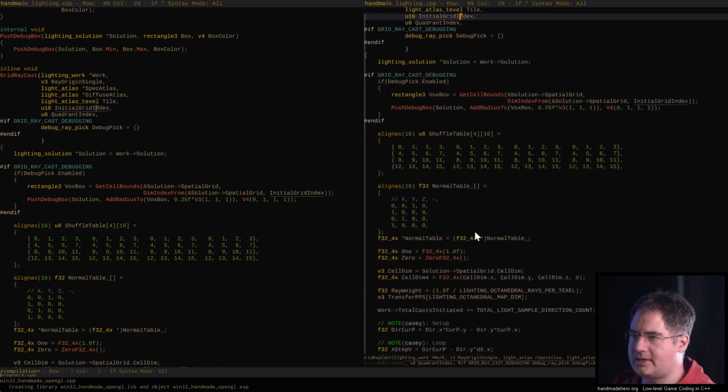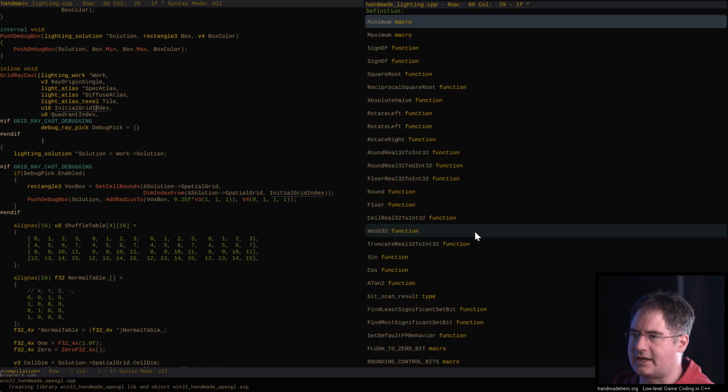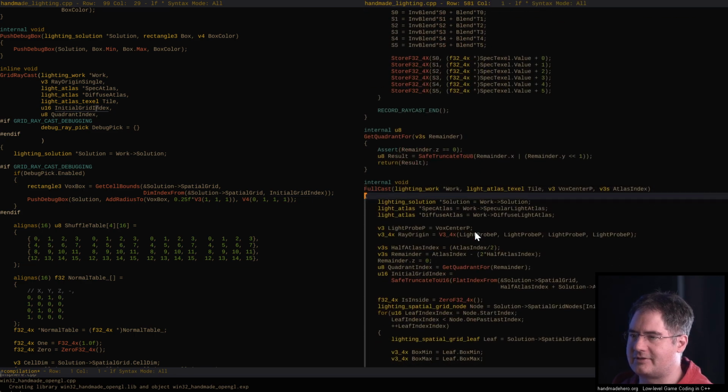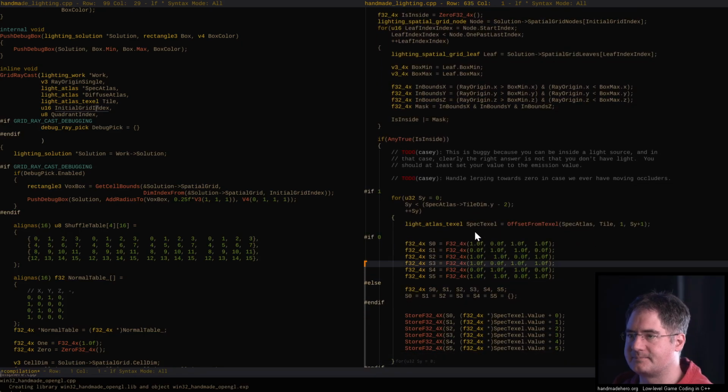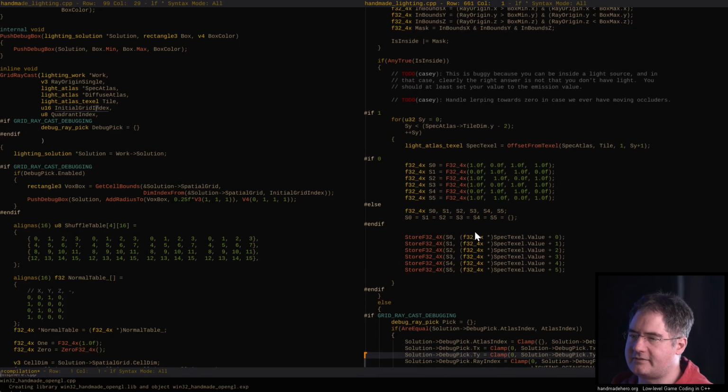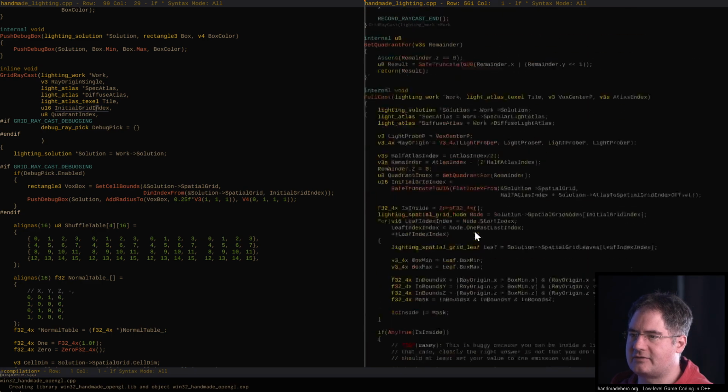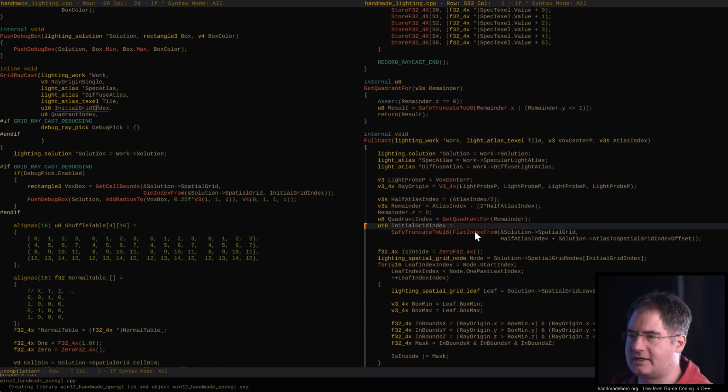Looking in full cast, which is now, these are rapidly collapsing, we don't really probably need full cast anymore. But if we look at full cast, you can see it gets passed these values, which it then slaps down. It's calling things like get quadrant for that don't actually need to happen.